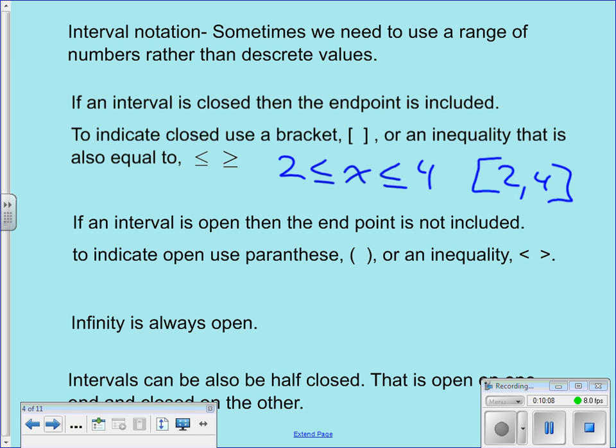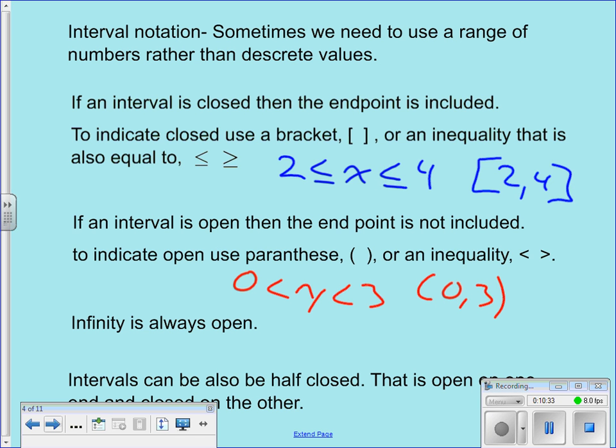An open interval means the endpoint is not included. If y is between 0 and 3, as an interval, that would be 0, 3 in parentheses, because 0 and 3 are not included.